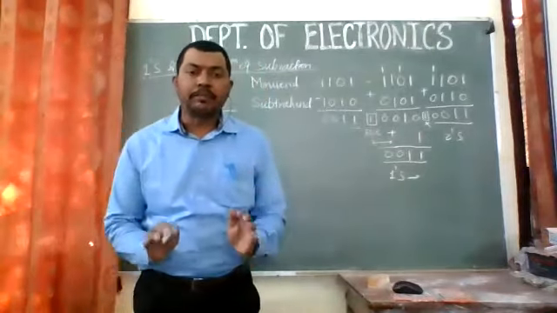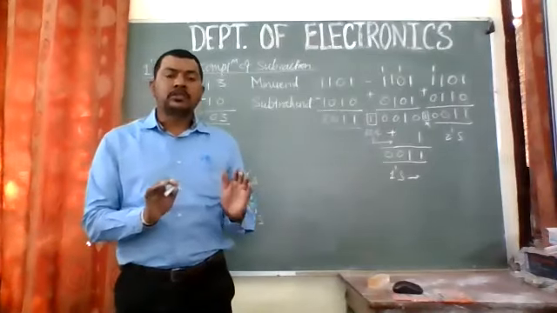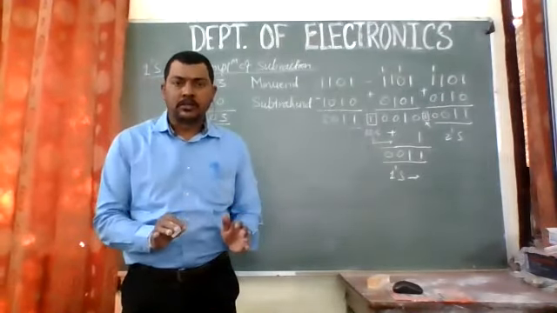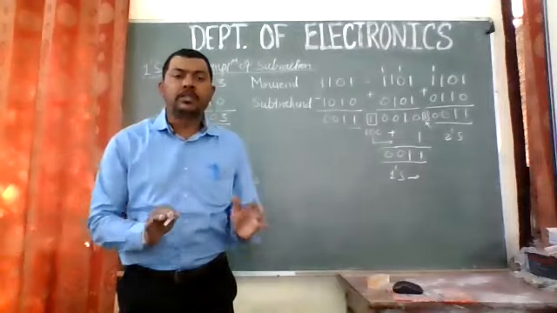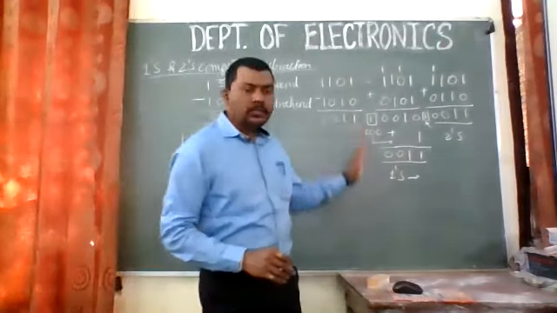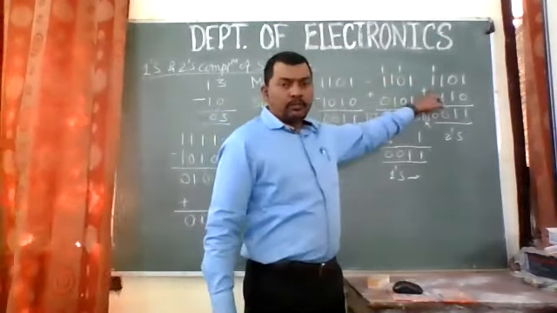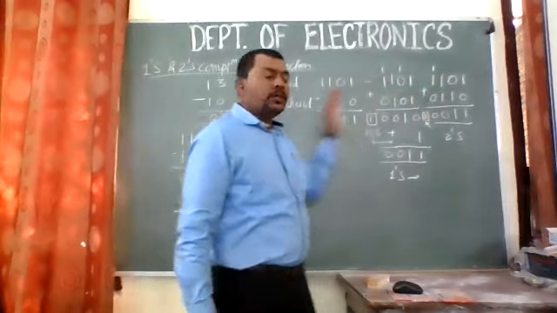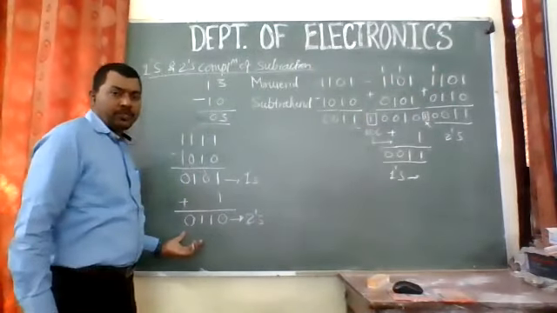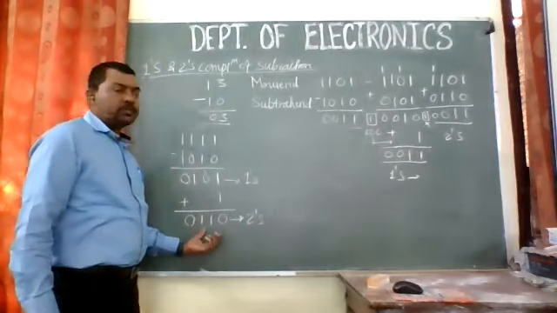I guess it is the simplest method to understand. Please remember that there is nothing difficult in this. It's a very simple method of subtraction, right? For twos complement, we add the minuend as it is and the twos complement number which we got by adding 1 to the ones complement, that is 0110.